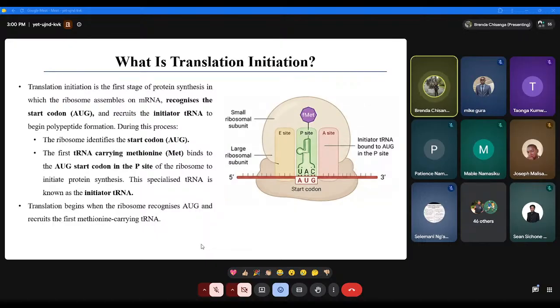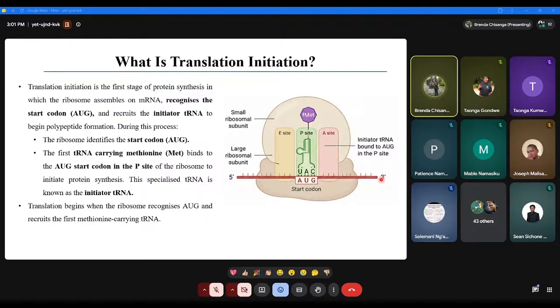So today we want to look at the process of translation initiation. In this process, what the machinery, in this case the ribosome and other factors that are involved, need is to recognize the start codon. And this start codon we know is on the mRNA. If you can see my cursor, the mRNA is this red line running from the 5' end to the 3' end.